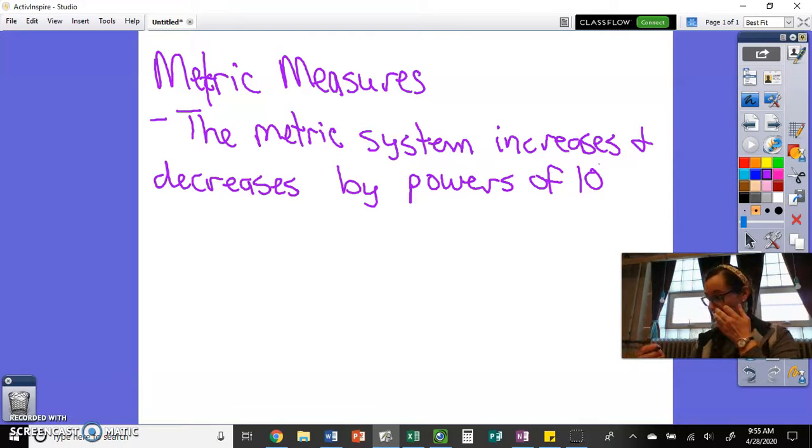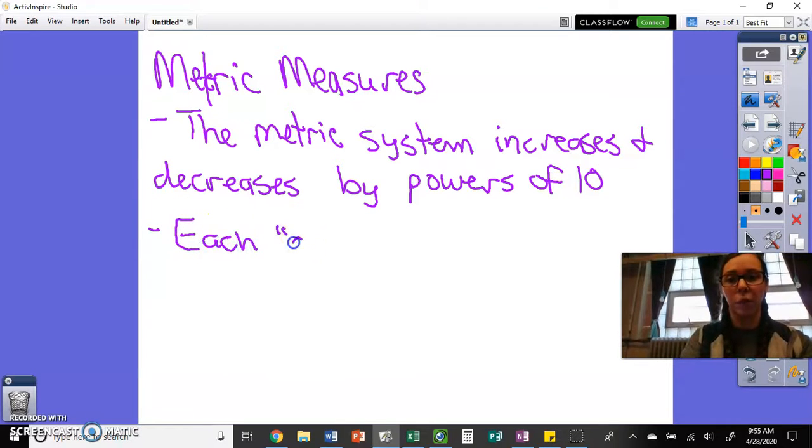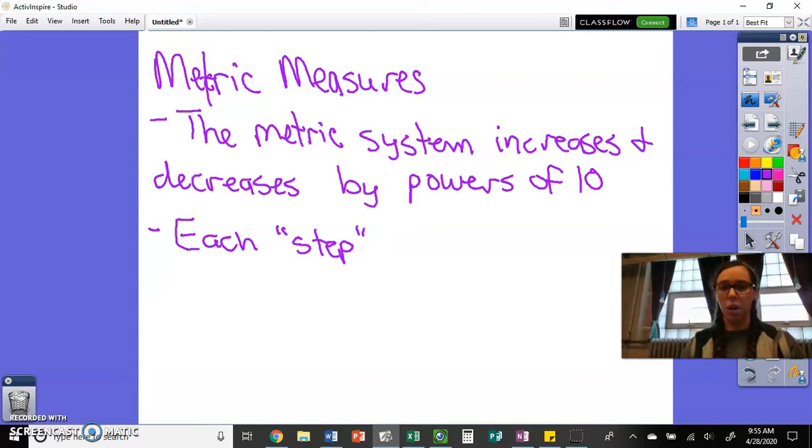Okay? Each step, and I'm going to put step in quotation marks because it's not like a stair step, it just means a step on our little chart that we were just looking at.